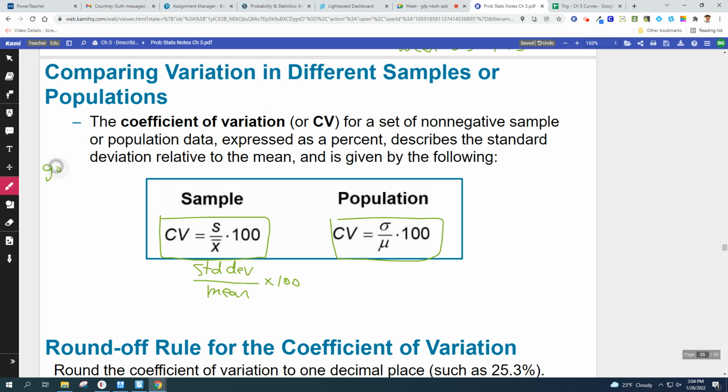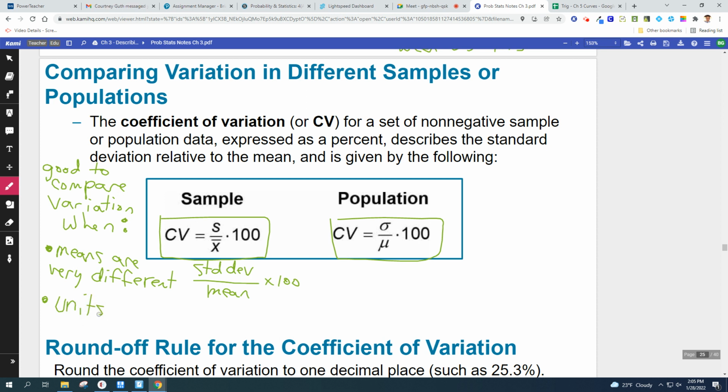All right, this is good to compare variation when the means are very different and also when the units are different.